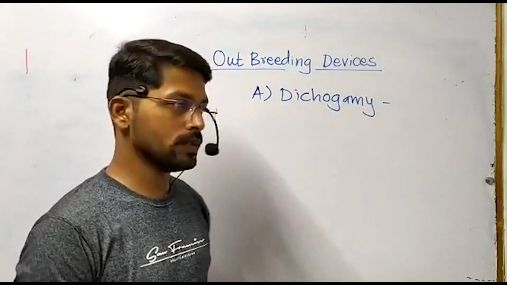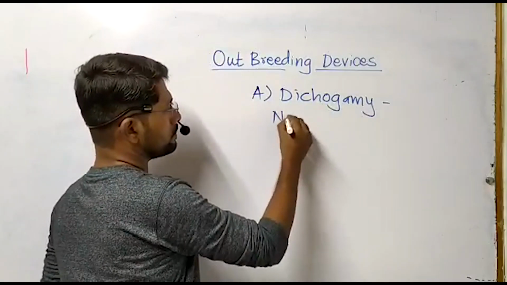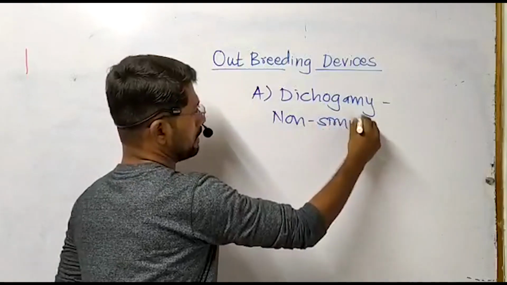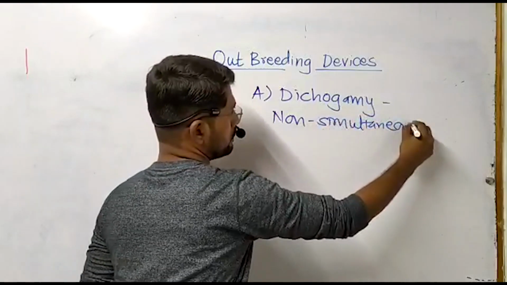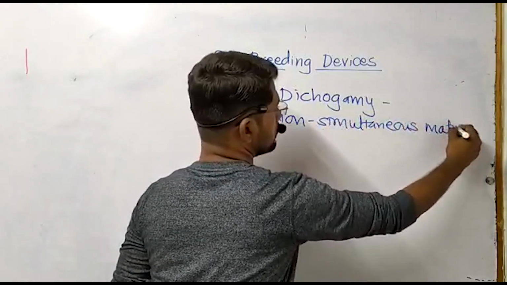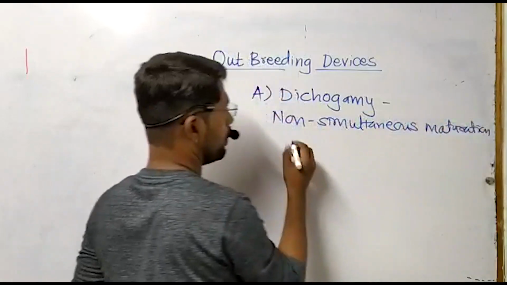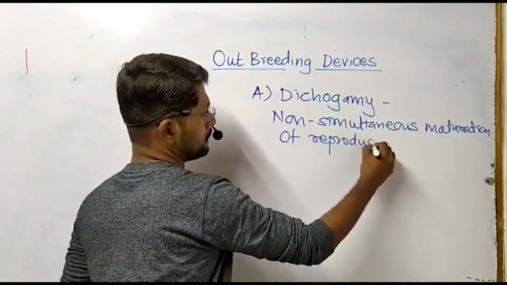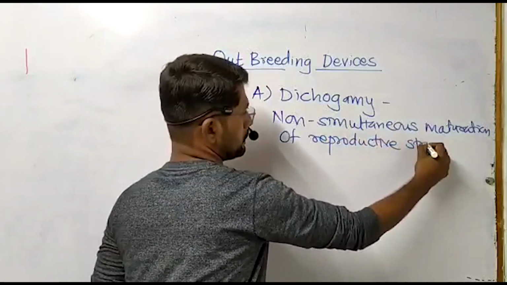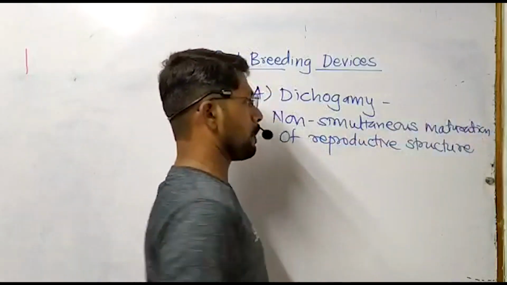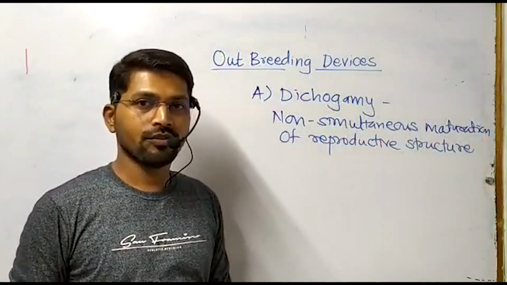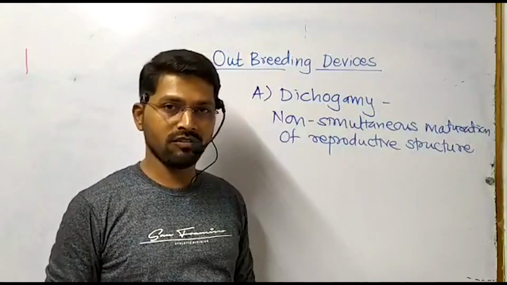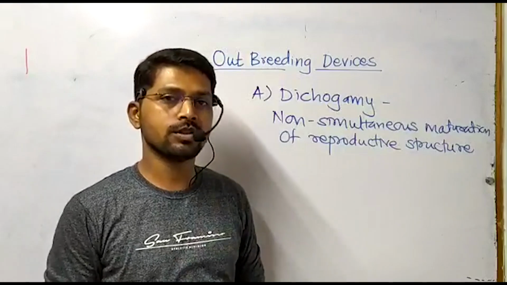So dichogamy is mostly related with non-simultaneous maturation of a reproductive structure. In the case of a typical bisexual flower of an angiosperm, two reproductive structures are present.